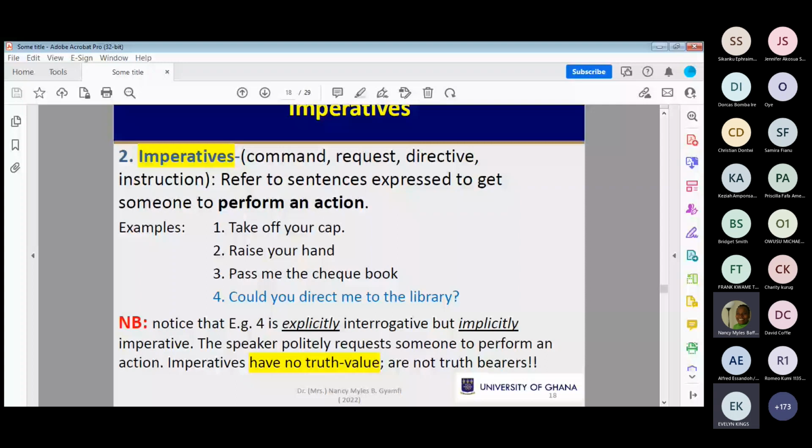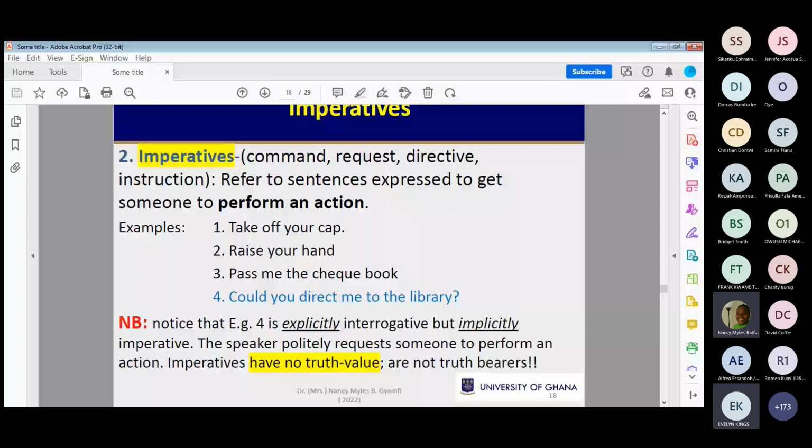Overt is O-V-E-R-T, open. What is visible? Open. Then covert, C-O-V-E-R-T, hidden, like covered. So the hidden one, the implicit meaning, the covert meaning, would be what? The one that doesn't look explicit. So in this instance, example 4 is explicitly interrogative, implicitly imperative. You could say it is overtly, that's openly, what? Interrogative, but covertly, hidden, what? Imperative. So that is one instance that you should see.